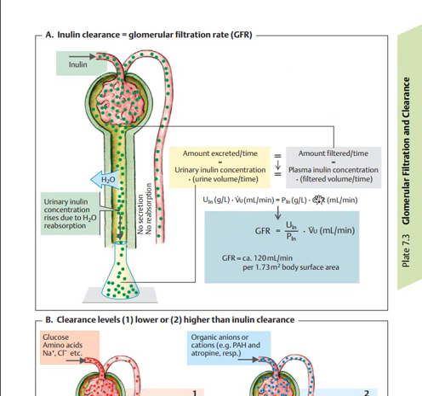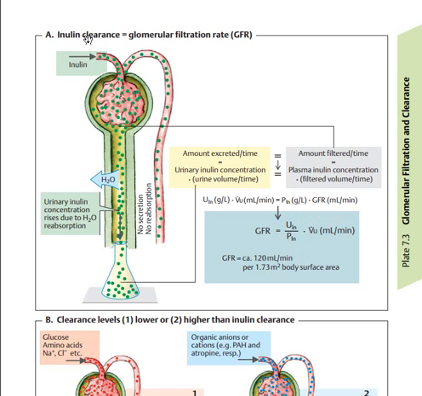Here the rate of filtration will be the glomerular filtration rate with respect to blood on this side, and with respect to urine on this side it is going to be V dot U, as you can see here. So you will find that the glomerular filtration rate, or the clearance, which is equal to the clearance of inulin, is equal to U of inulin over P of inulin times V dot U.